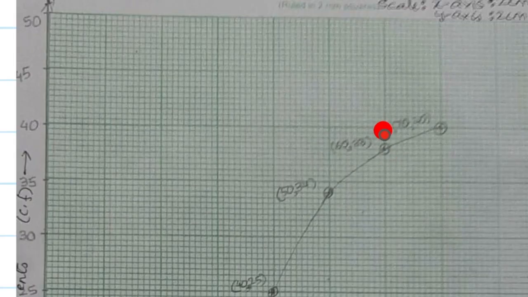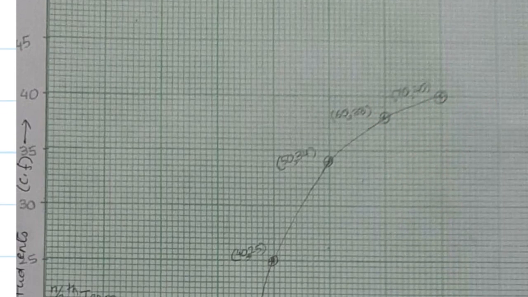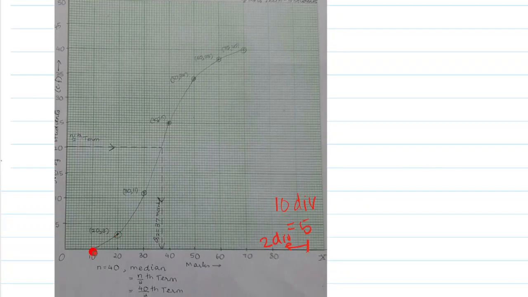So I come down 4 divisions and mark it, and the last one is 70, 40. And just make sure that you take the lower limit, that is 10, the upper limit of the earlier interval, and then draw a smooth graph like so.